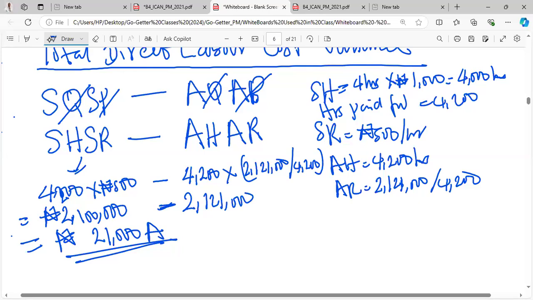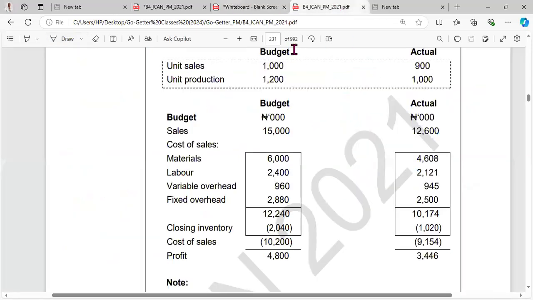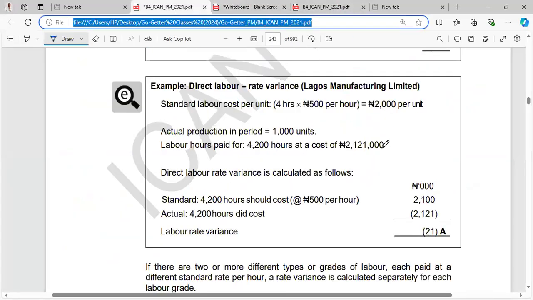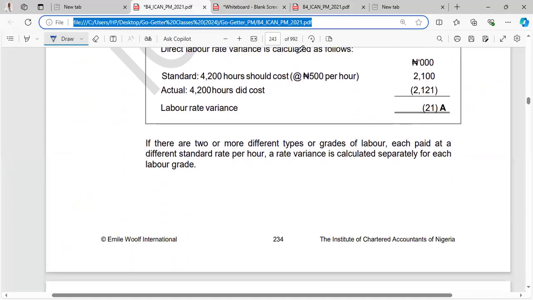They have included hours wastage. Just like we have wastage in material usage, you can also have wastage in hours. So hour wastage has been put into it. That's why they are paying for 4,200. All right, so we have gotten 21.